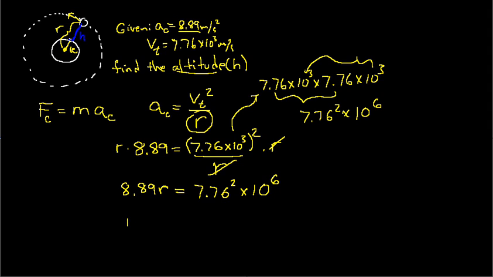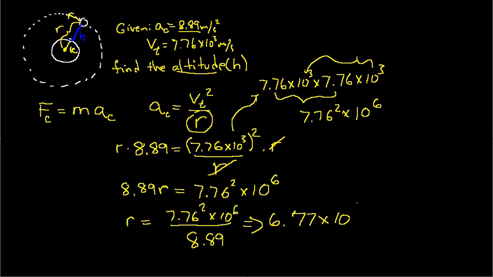And now in order to find r, we're going to take this whole thing and divide by 8.89. If we do that on a calculator, I've got that r is going to be 6.77 times 10 to the sixth meters.